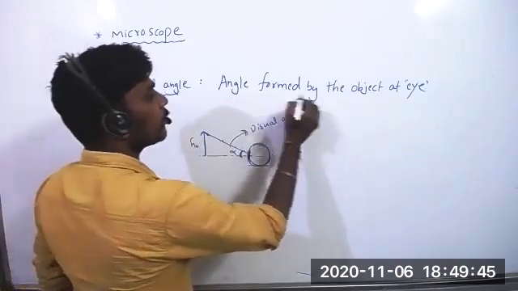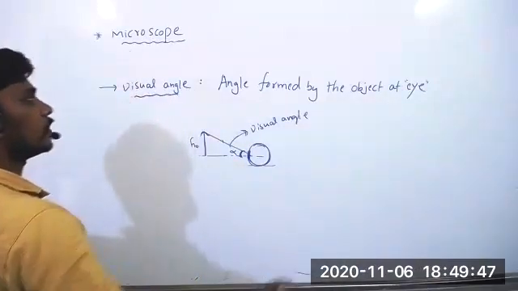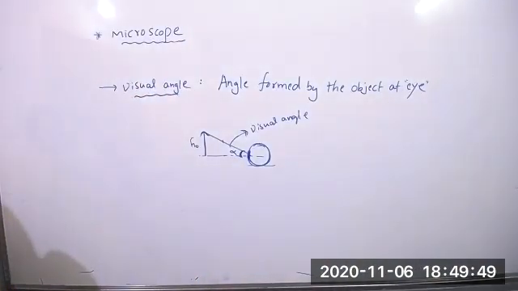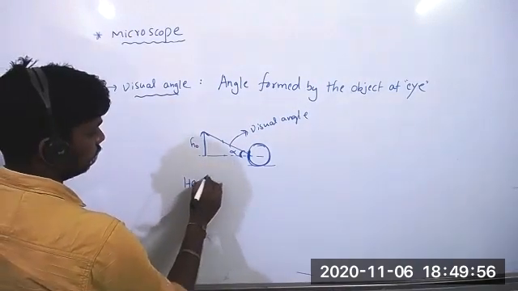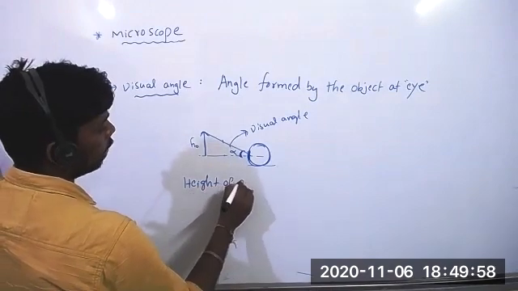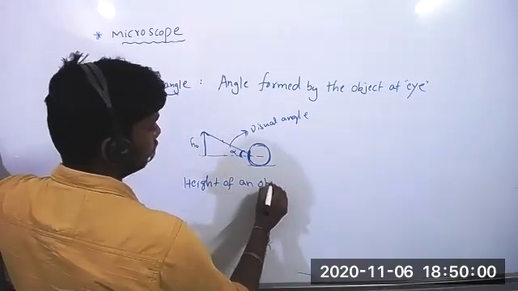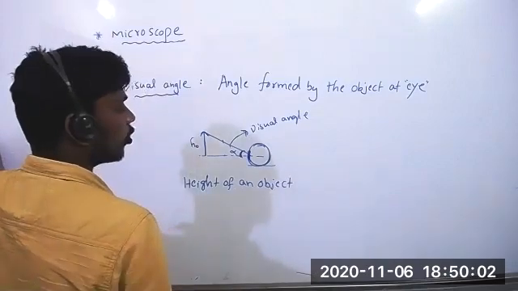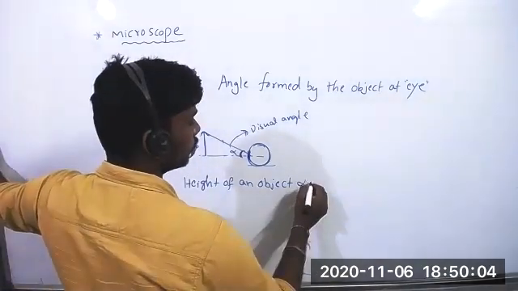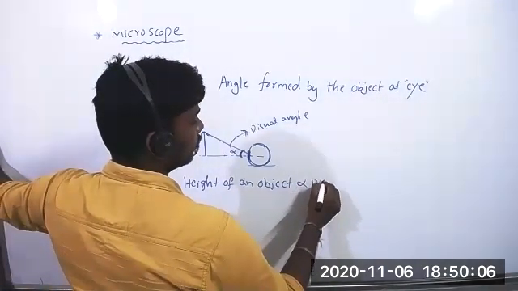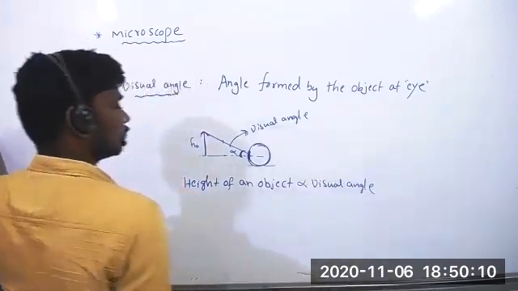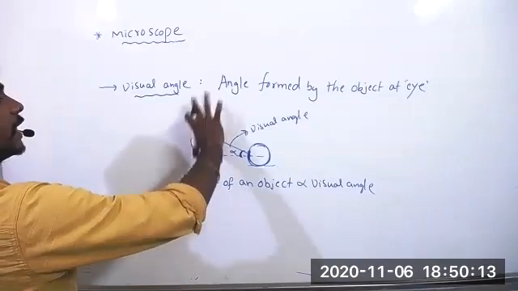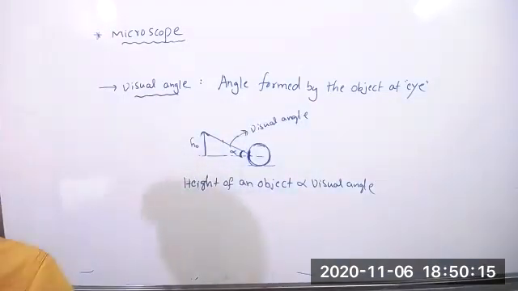The angle formed by the object at the eye is called visual angle. Height of an object is directly proportional to visual angle. Remember, height increases, visual angle also will increase.